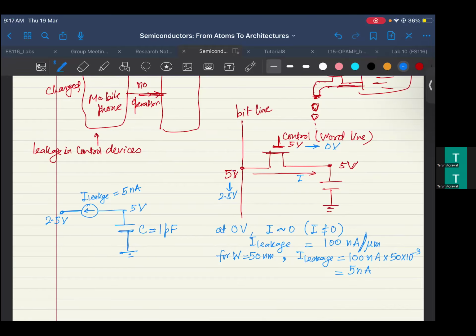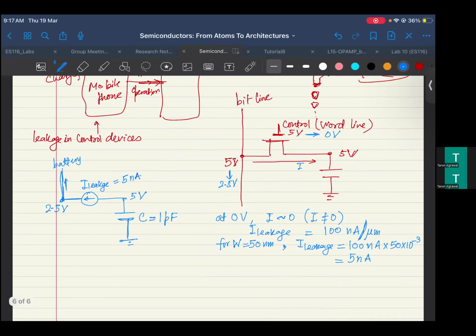These transistors, everything is connected to the battery, so whatever this voltage is, it is coming from the battery. So when there is a current drawn from the battery, you see that this is a problem. My transistors, because they are leaking, this thing will discharge.